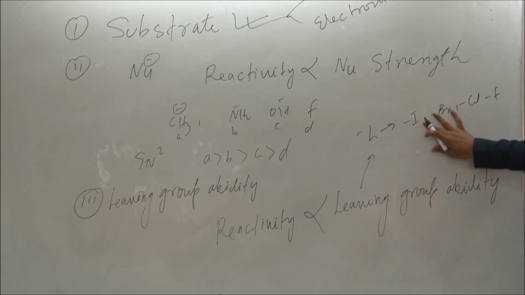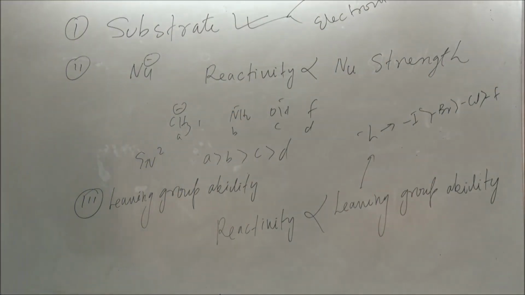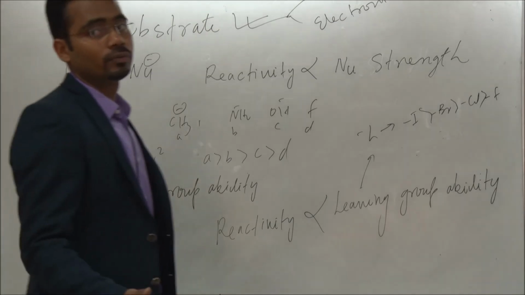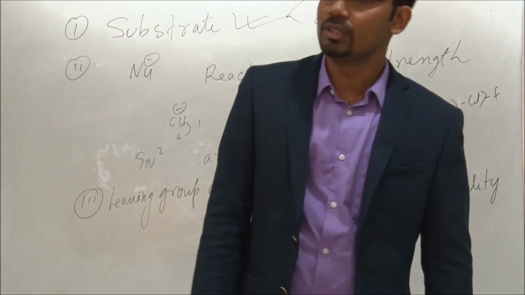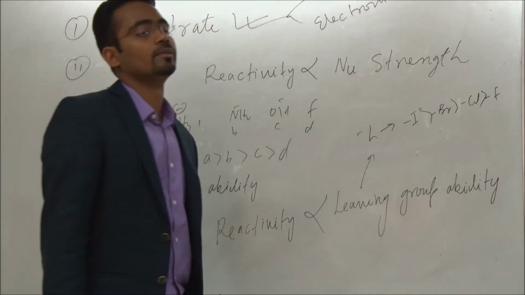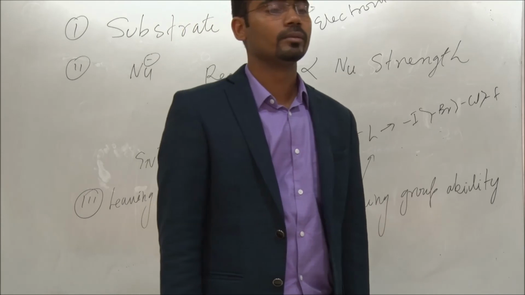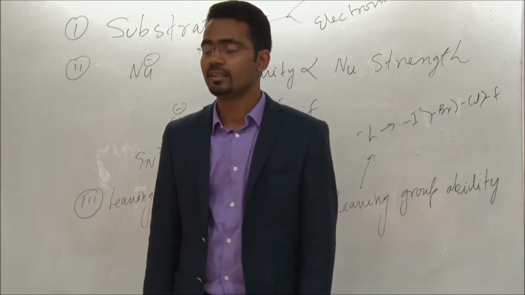So this will be the order. Clear? So the better the leaving group, the higher the rate of SN2 reaction. So got it? So this is all about the mechanism and reactivity of SN2 reaction.